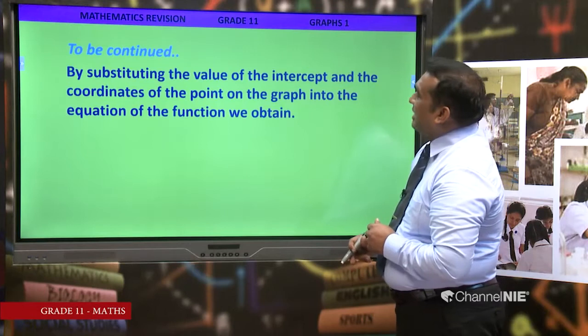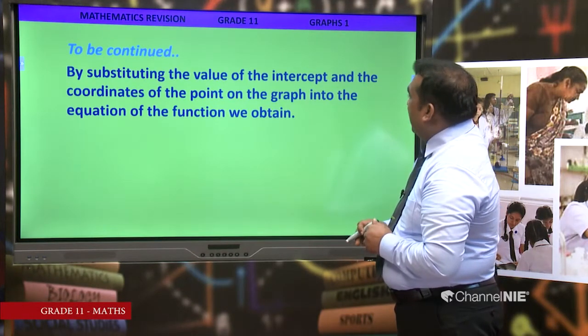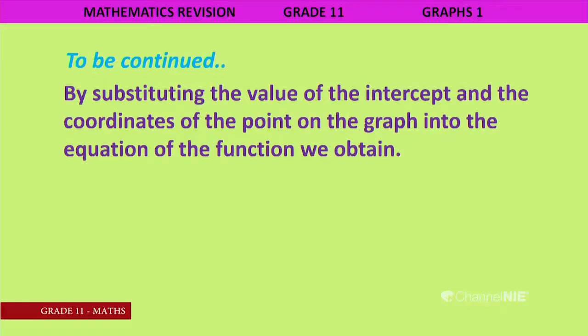By substituting the value of the intercept and coordinates of the point on the graph into the equation of the function, we obtain y equals mx plus c. Then 7 is our y coordinate, 2 is our x coordinate, 3 is our intercept.